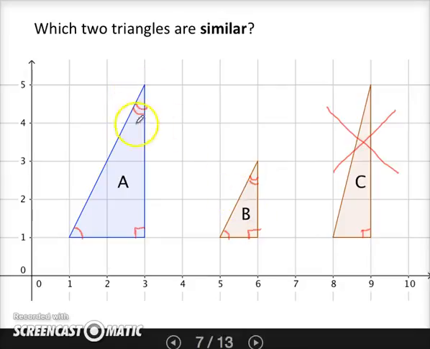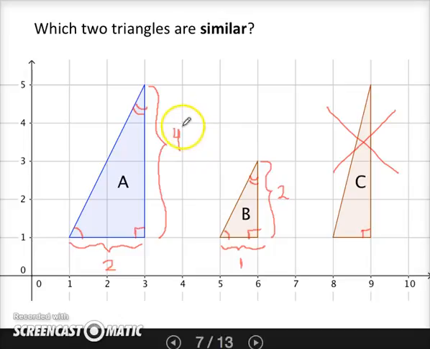But this shape would be similar if we were to measure these 3 angles and found that they were all congruent. Then we could look at the sides, and we have this side which is 4 units long. This side is 2 units long. The corresponding side on triangle A is 2 units long to this corresponding side, which is 1 unit long.